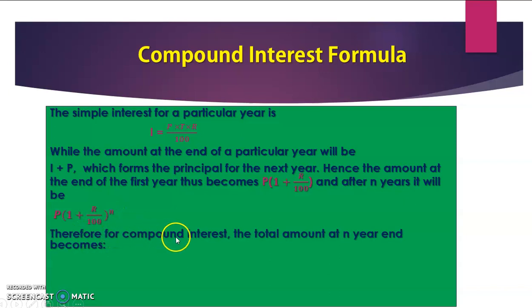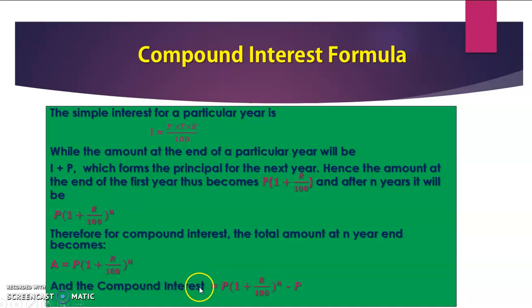Therefore, for compound interest, the total amount is equal to P(1 + R/100) all raised to power n.